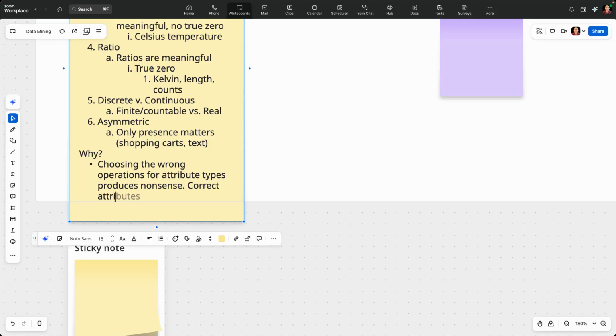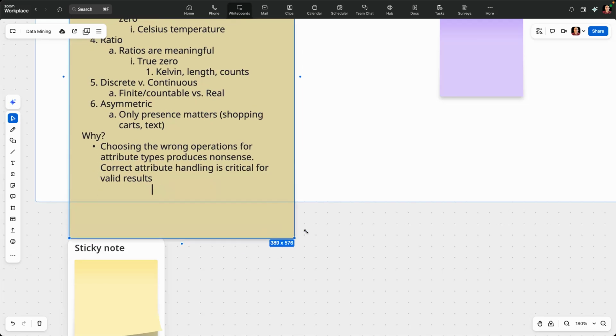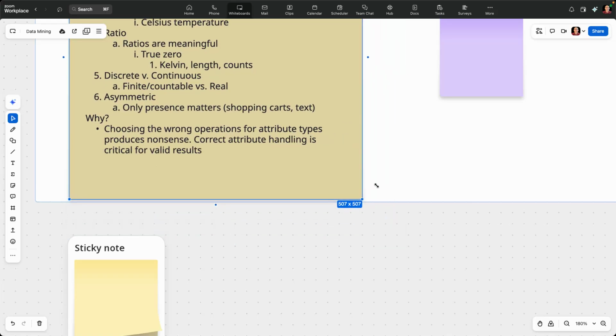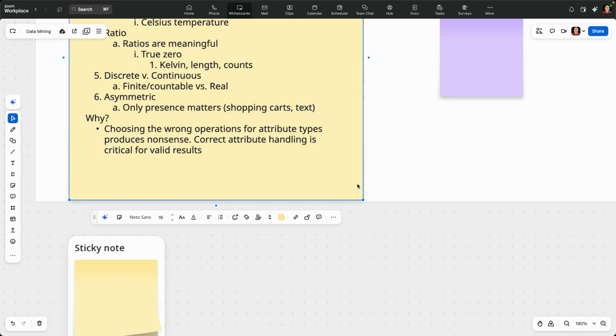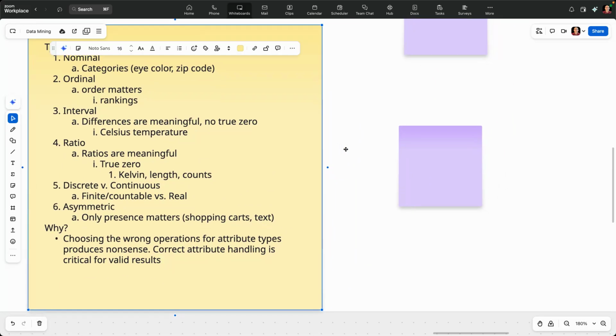Correct attribute handling is critical for valid results. So we have to know what kind of data we're dealing with. Kind of beginning with that end in mind, focusing on what kind of data we have is very important. All right, so those are the types of attributes.